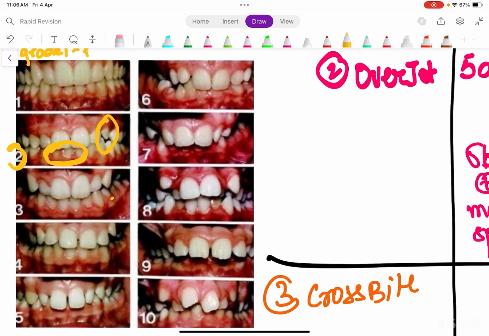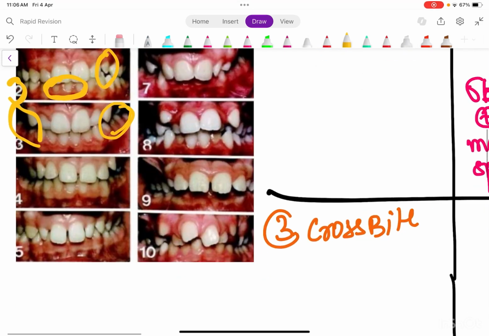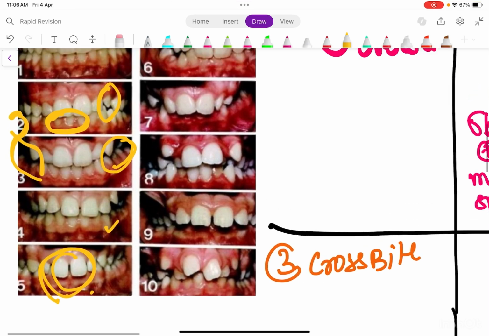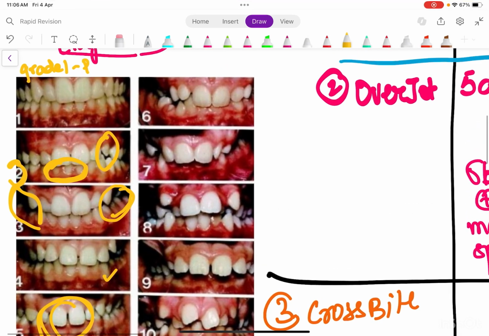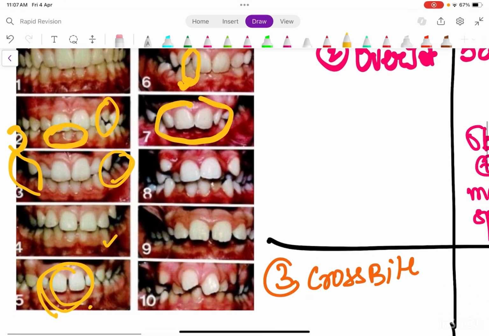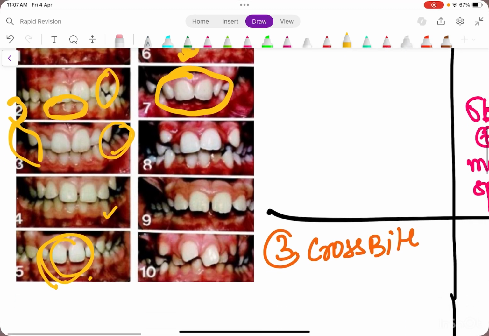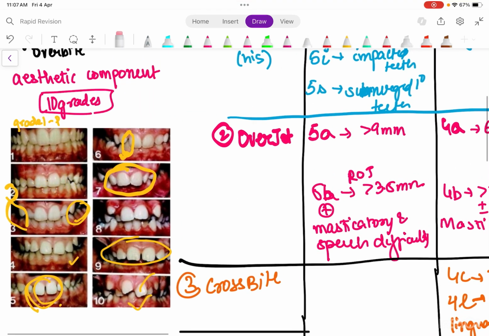Then 3 we can see, I think posterior something. Then this 4, then 5 is a very adverse overbite, deep bite. Then see this one, this is bad, and then this, see these components properly, right? Then this is so bad, and this is tipped also.